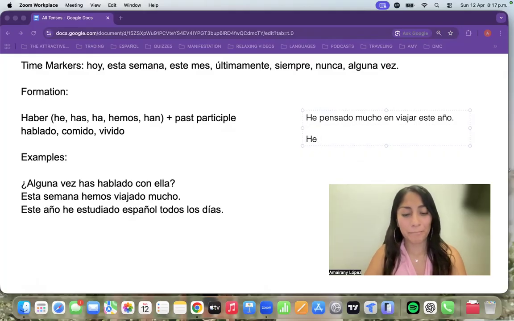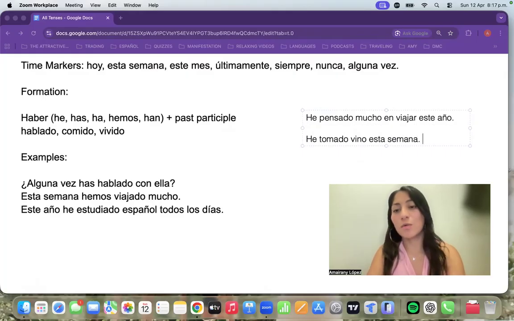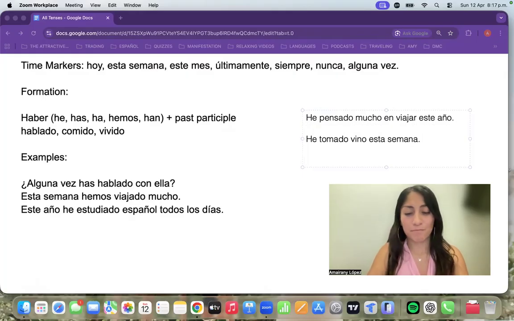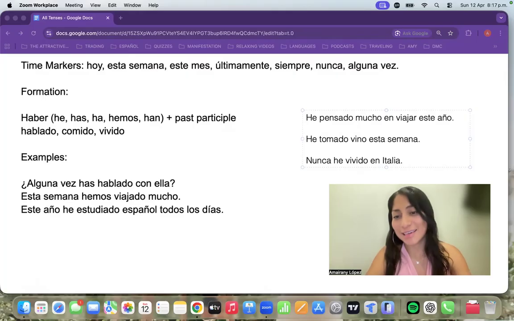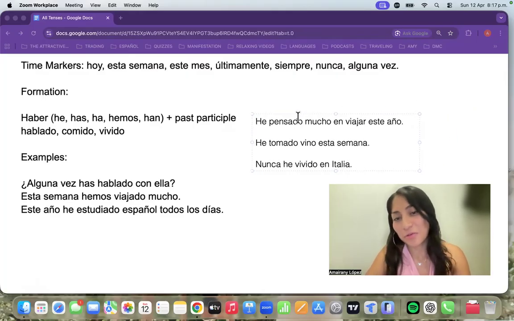He tomado vino esta semana. I have drunk wine this week. And nunca he vivido en Italia. I have never lived in Italy. So these would be my three sentences.